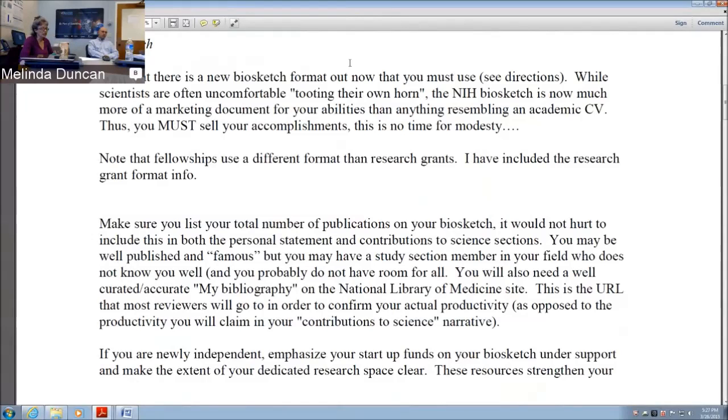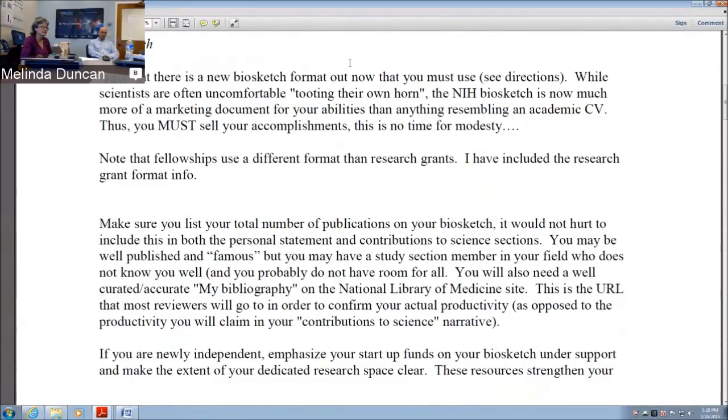Then there's the section where you have to talk about your contributions to science. This is where a lot of scientists are having trouble, because as scientists, we didn't go into this field because we wanted to do marketing and business. We're not, as a personality, very often the type of people who want to oversell our accomplishments.